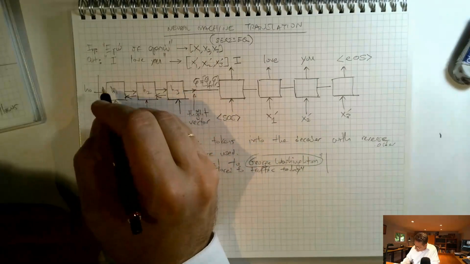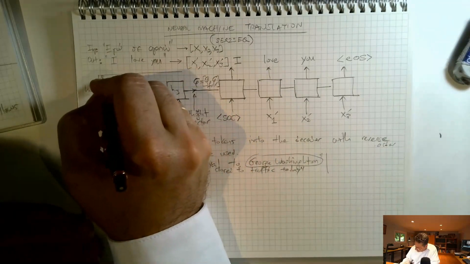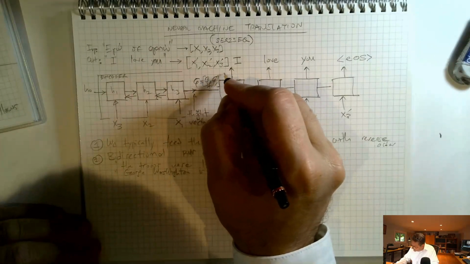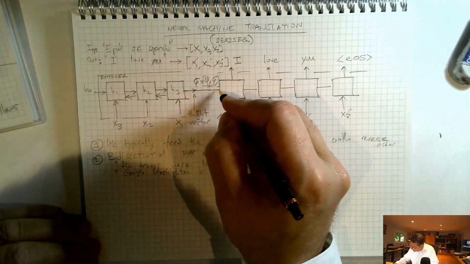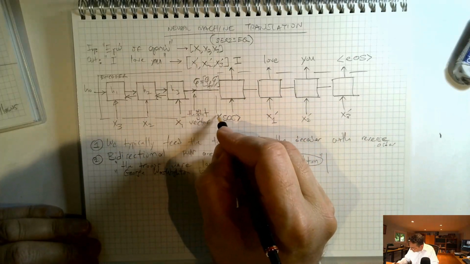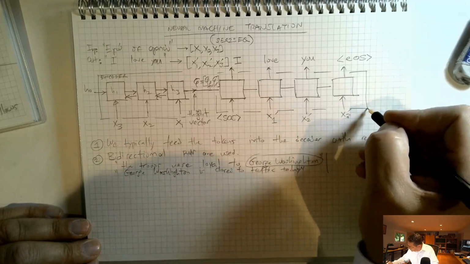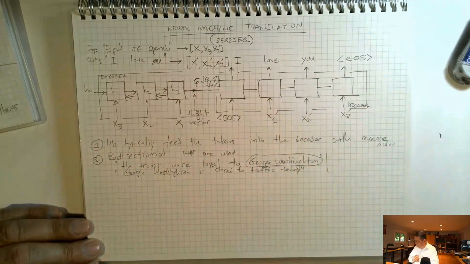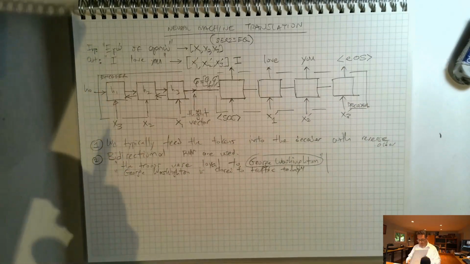So this is my encoder RNN. And the moment we have this representation built, we are feeding it into the decoder. That's my decoder. Okay, so that's the second thing I wanted to mention.